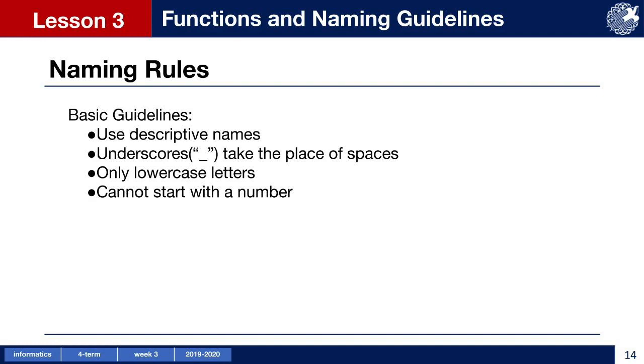So if you want to use a name that has more than one word, put an underscore between the words. We don't use capital letters in our Python codes, so make sure all names include lowercase letters. If you want to start a name with a number, Turtle will respond with an error. So you must move the number to another place or write it out using letters.